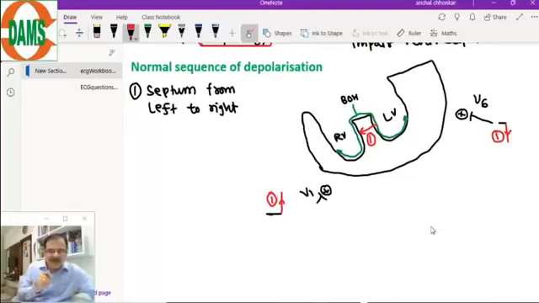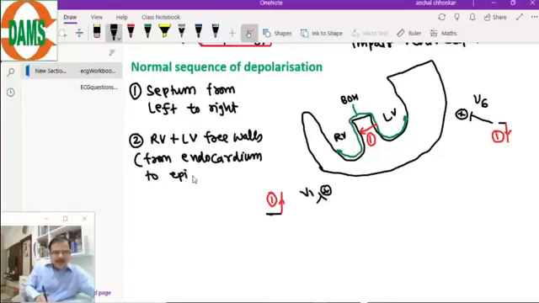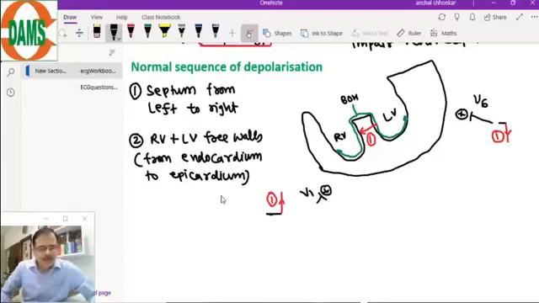Now coming to the next part to get depolarized. The next part to depolarize is number 2: the right ventricle plus left ventricle free walls, from endocardium to epicardium. This we discussed yesterday.